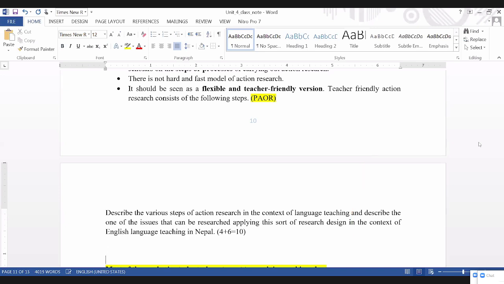And then we start the answer framework. We start with a short or brief introduction, a brief introduction of action research.